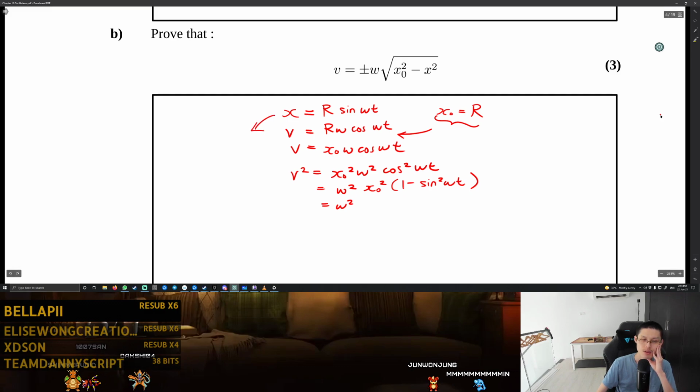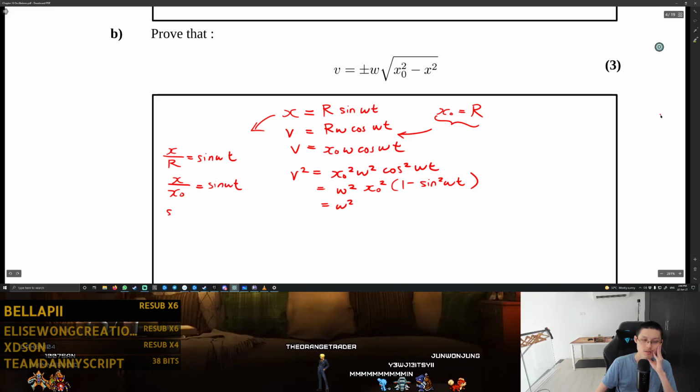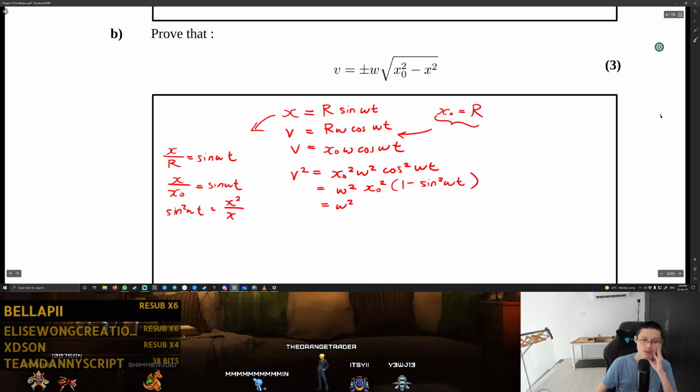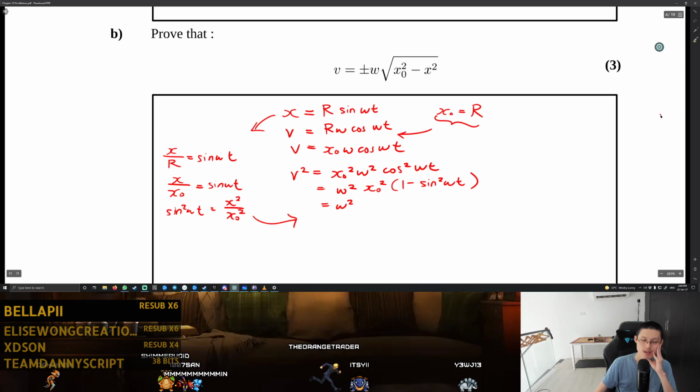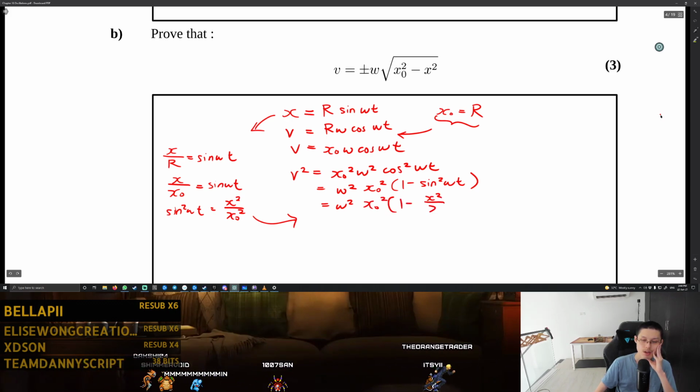Right, so from here we can actually write x over x naught equals sine omega t, which means sine squared omega t is x squared over x naught squared. So we're going to take that and chuck that in here, which means we're going to get 1 minus x squared over x naught squared.